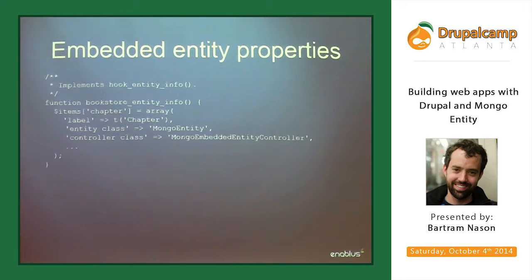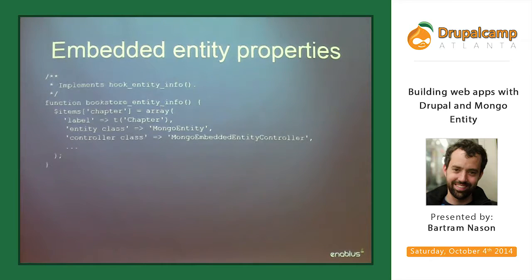So creating an embedded entity type works pretty much the same as creating a regular Mongo entity. The only difference is there's a new controller class for the embedded entity, Mongo Embedded Entity Controller. You can use the same entity class; it doesn't care. The controller is what determines how entities are saved and loaded and deleted and so forth.